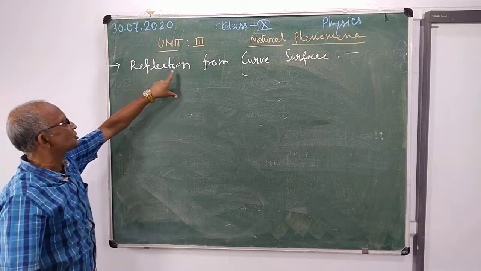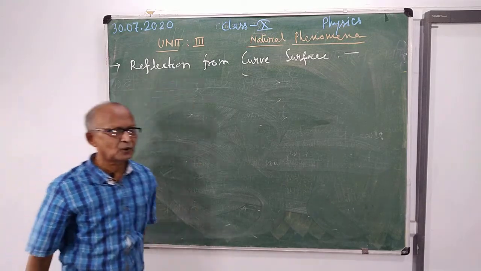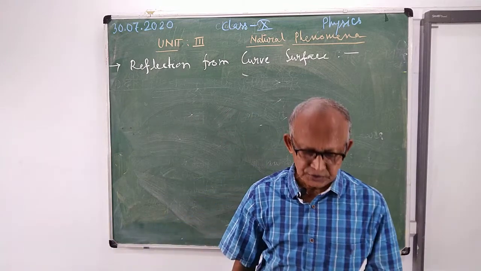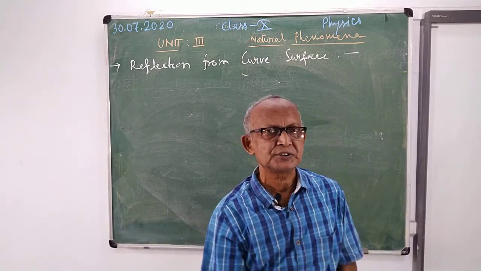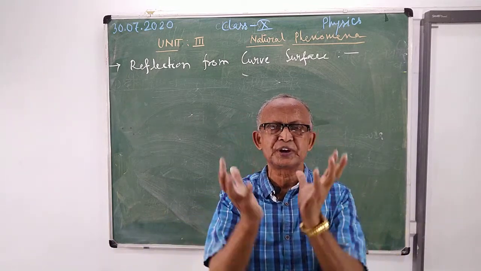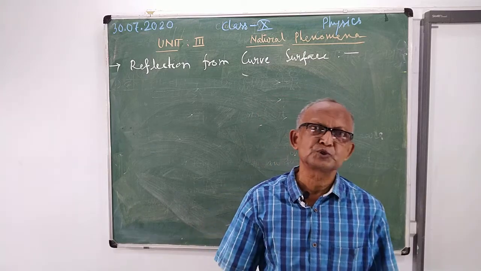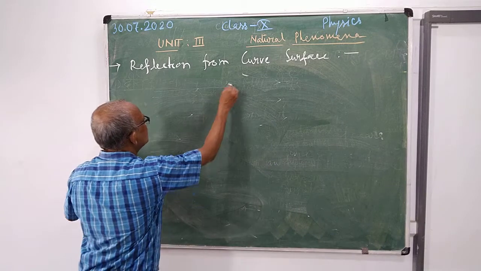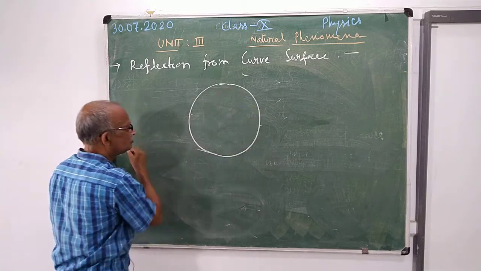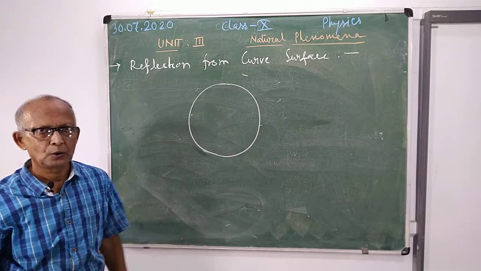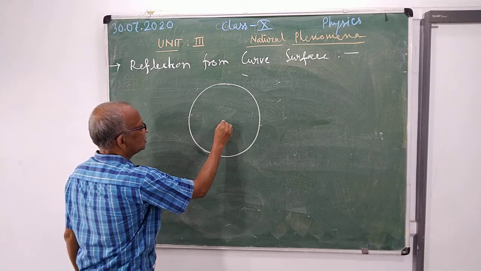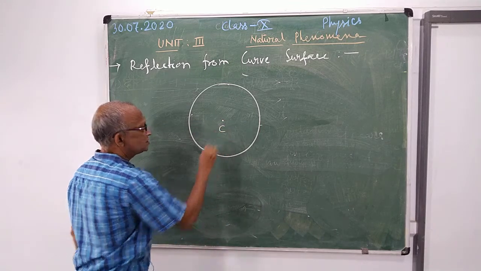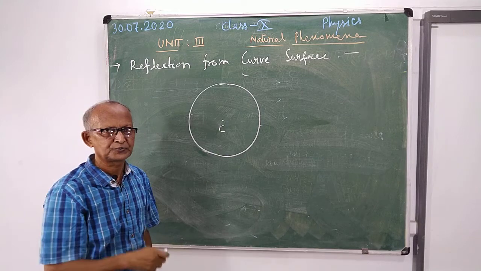Now, as the proper topic, the reflection from curved surfaces. Dear students, actually curved surfaces are part of a hollow sphere. Examples of a hollow sphere are the football and basketball. Obviously, here is the center of the hollow sphere.